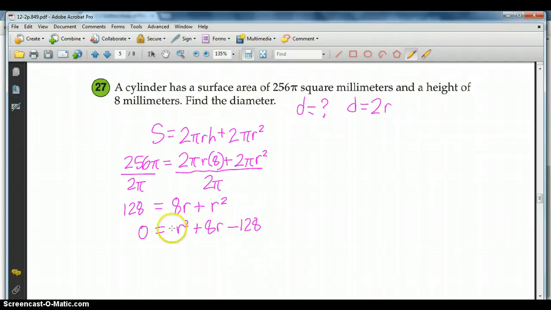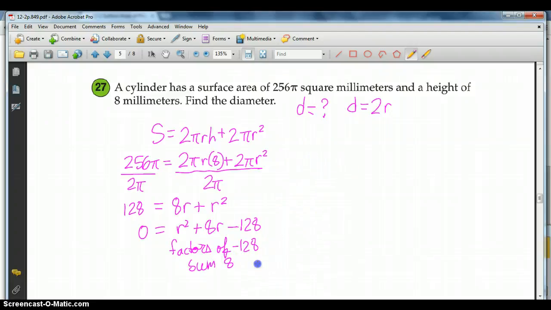Now that we are here, we can solve this by either using the quadratic formula, or we can see if it's factorable. To see if it's factorable, we want factors of negative 128 which have a sum of 8.